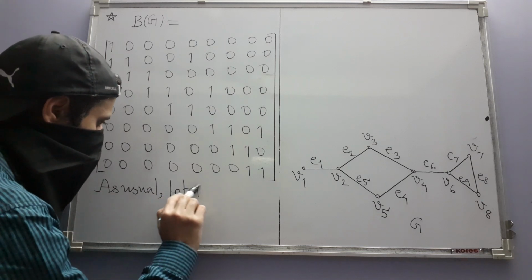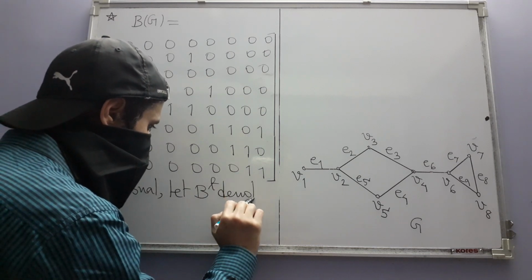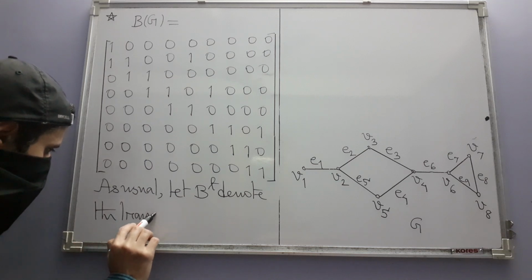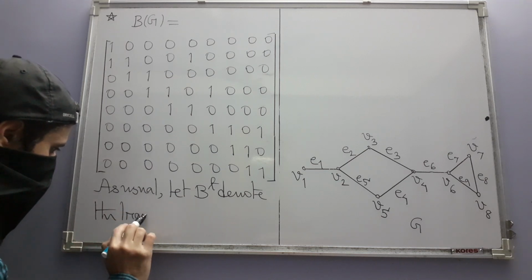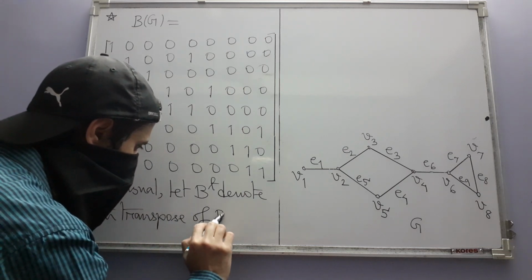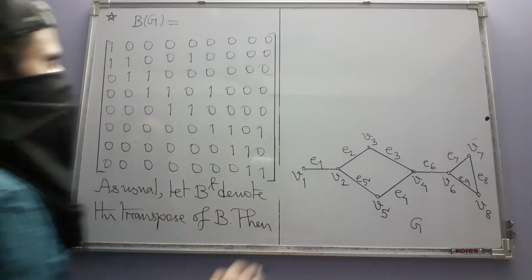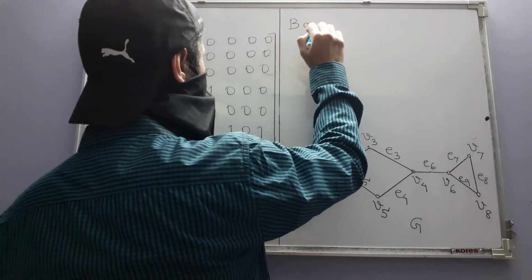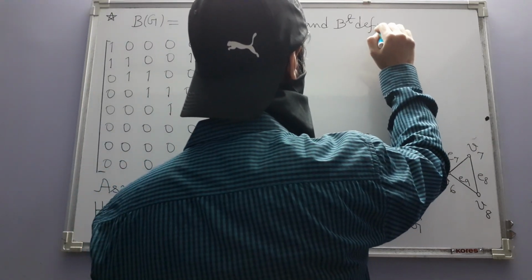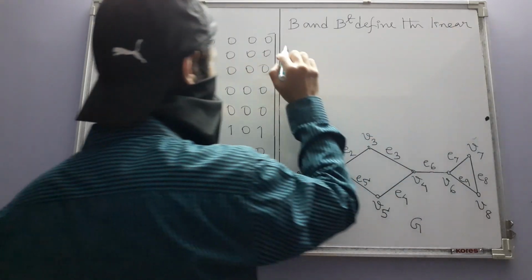As usual, let B be the incidence matrix, and B^T denote the transpose of B, sorry. Then B and B^T define linear maps.